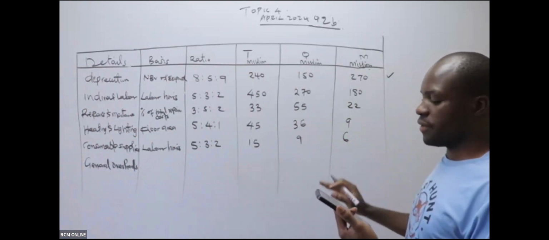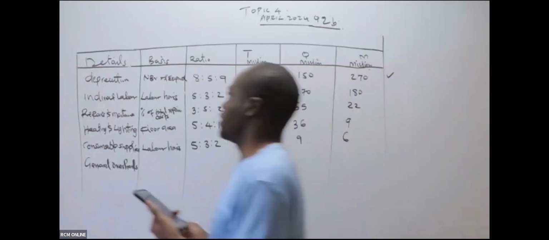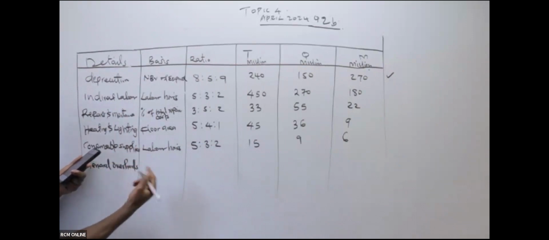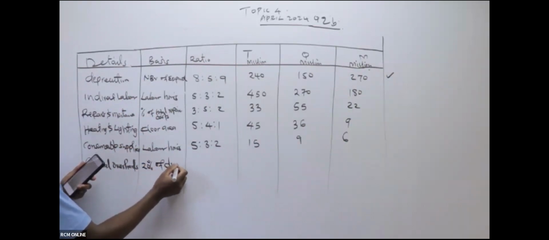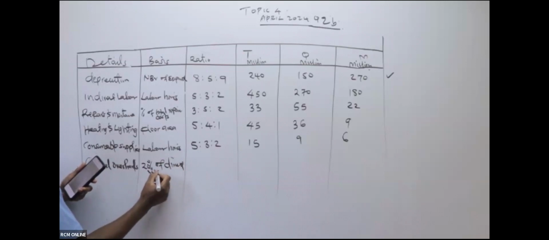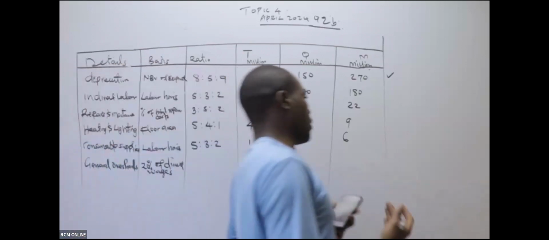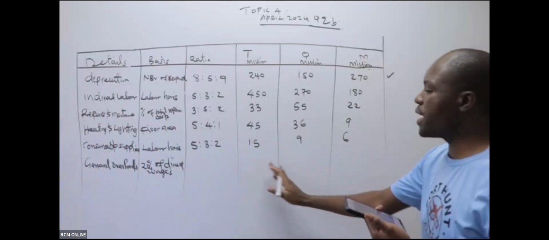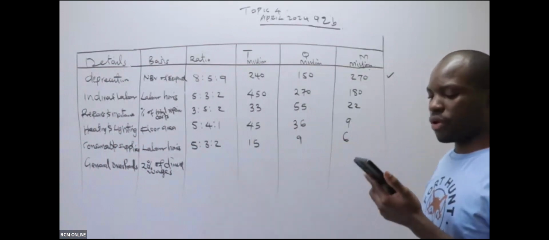They are telling us the general overheads will be allocated based on 20% of direct wages, not direct labor hours, but it is based on direct wages. So we need to get direct wages for each department. Then we take 20% of it to be the general overhead.